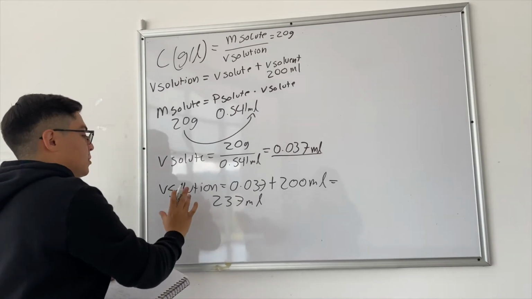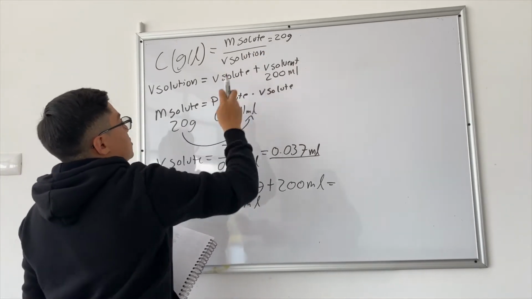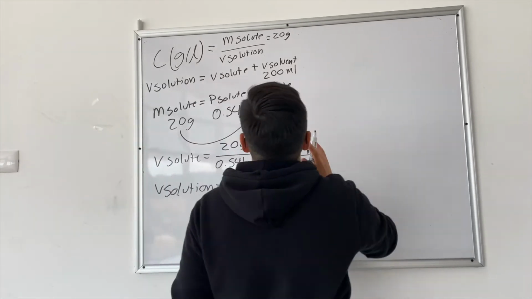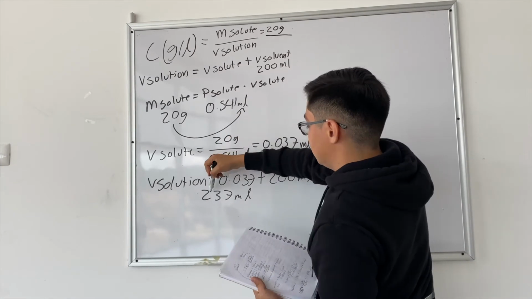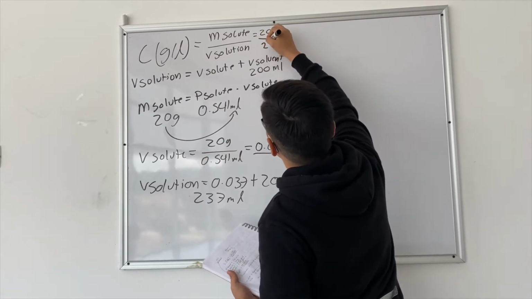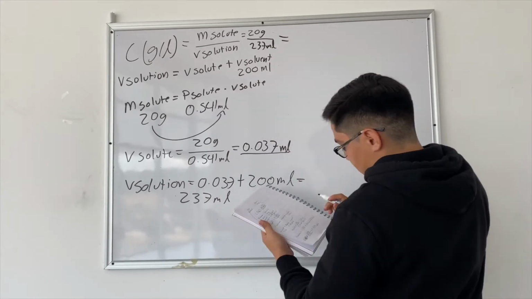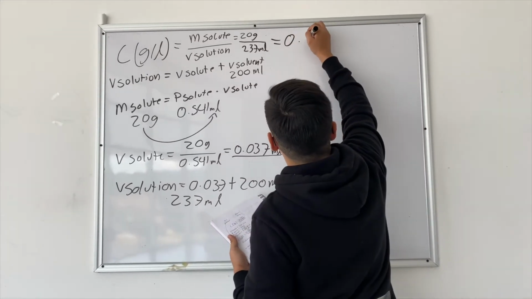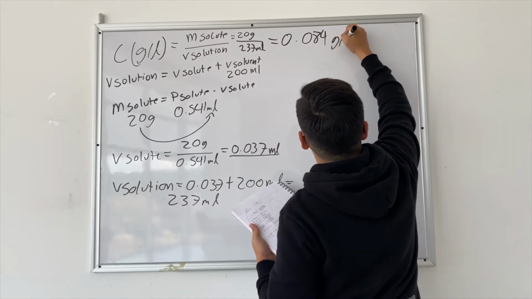Now that we have the volume of the solution, we can answer the formula of the concentration. Now, volume of the solution equals 237 milliliters. And the answer is 0.084 grams per milliliter.